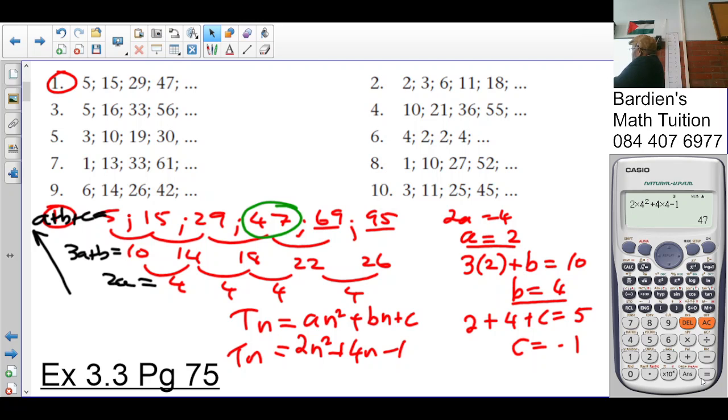Right, which one would you like to do? From 2 to 10. Anyone? 7. Right. Do 7 quickly.